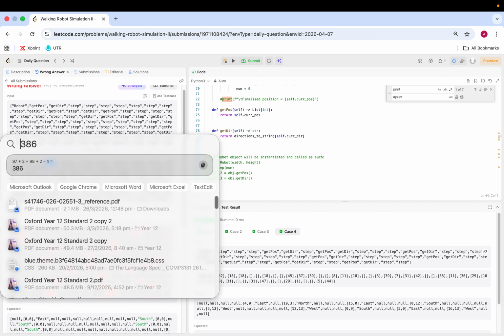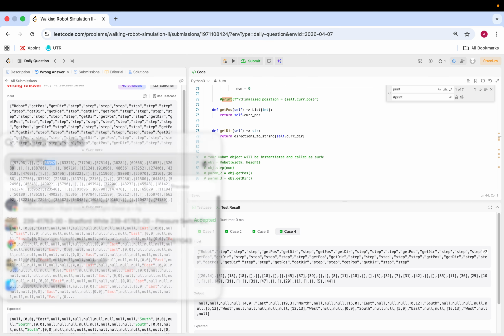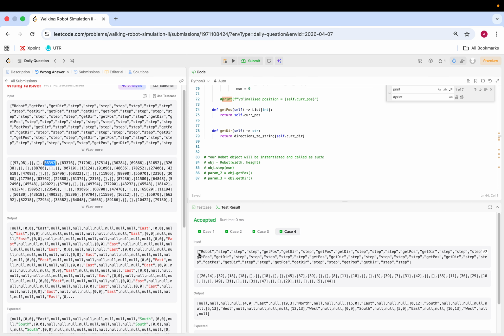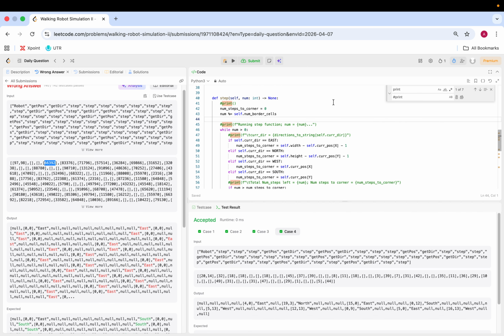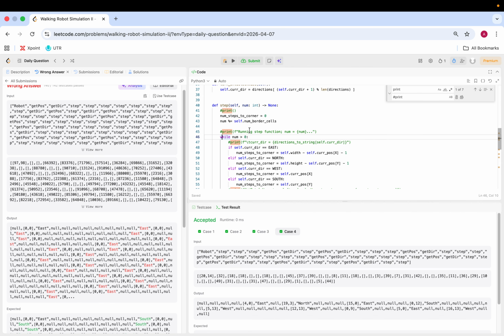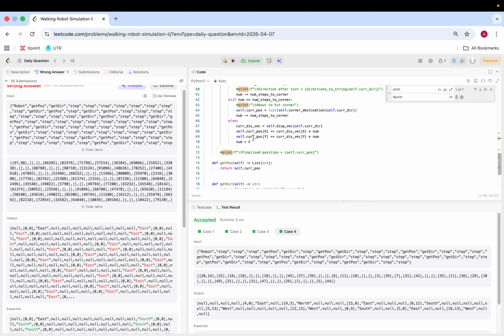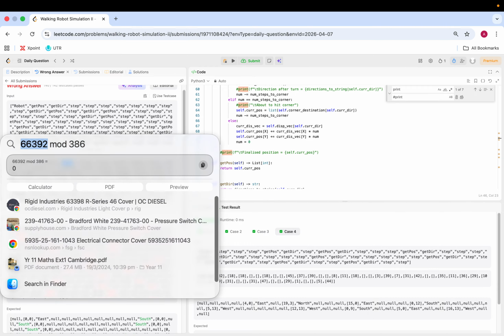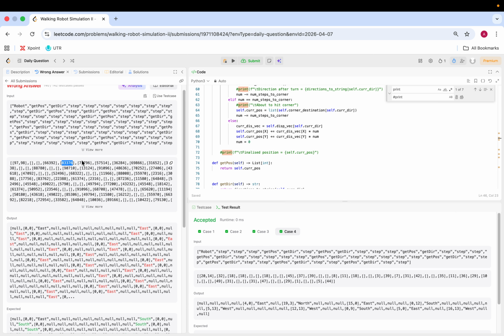Does mod work? Like if I just say mod? 0. Oh shit. Wait. No, but what would change? While num is greater than 0. Num would get modded and then it would just go out. And then this. Also 0.